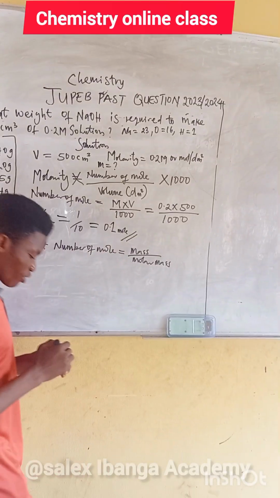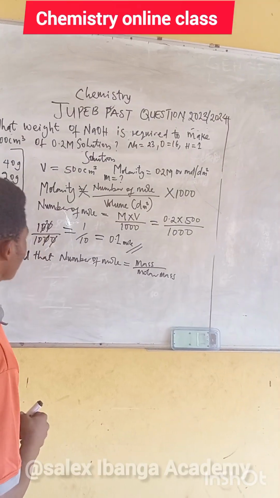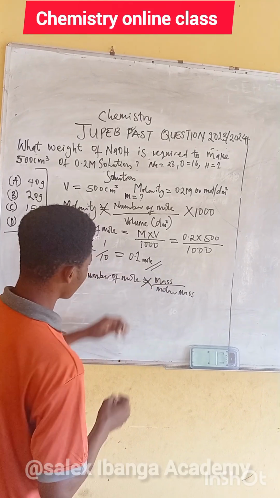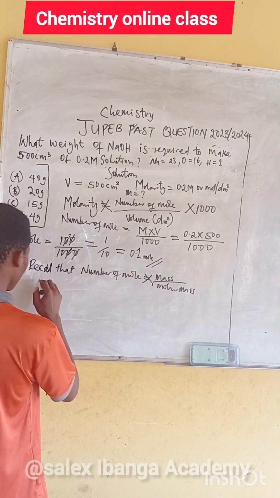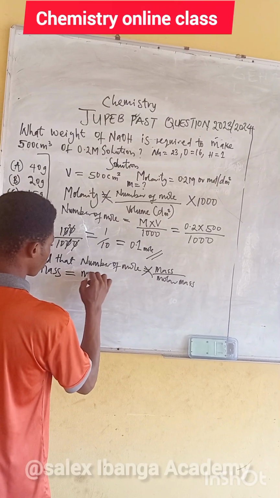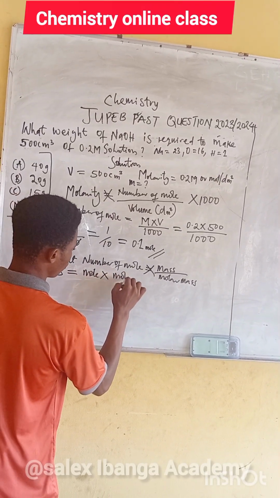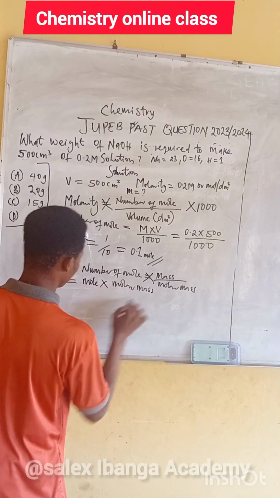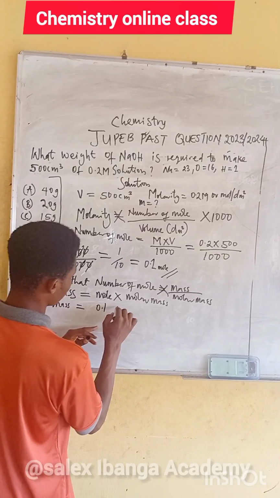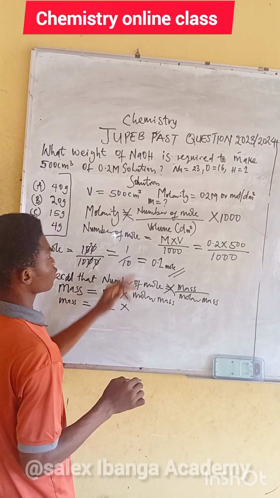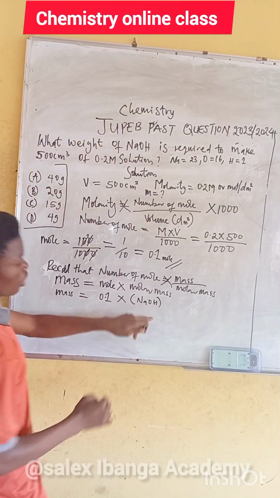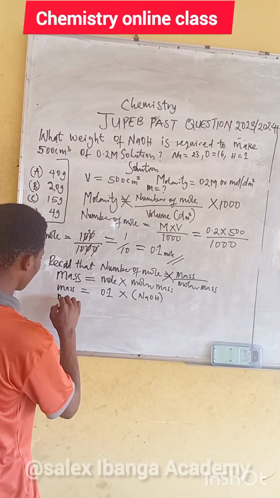Once you remember this formula, my people, you are free to go with this solution. Make your mass the subject of the formula by cross multiplying, because you have calculated your number of moles. So at this point, mass equals moles times molar mass. My moles is 0.1 times the molar mass of NaOH.